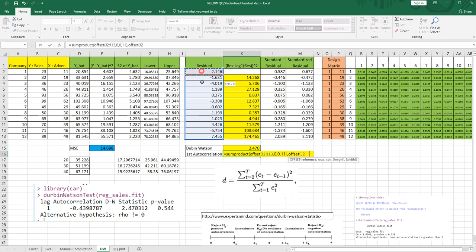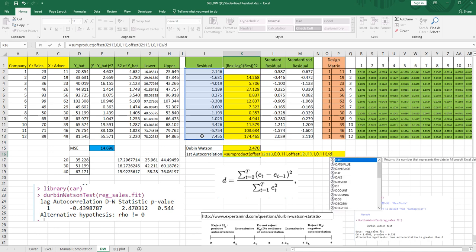Again, reference the data here, and 1 because we consider lag 1, so that's why we need to change it to 1, and no column change, so 0, and comma, 11, and close, and divide by residual square, so the VSQ.